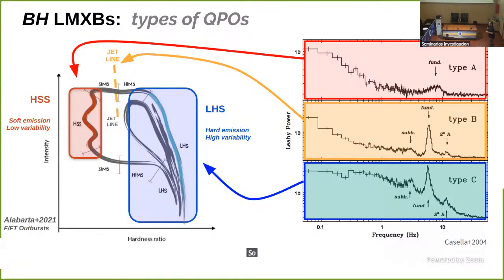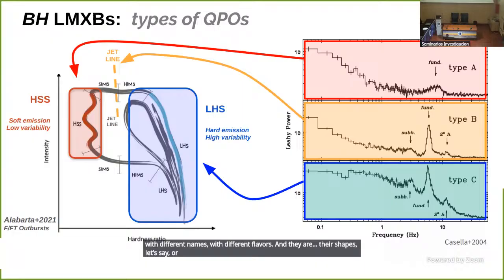These relevant timescales, or these narrow components, are called quasi-periodic oscillations. So they are not periodic, but quasi-periodic, right? These quasi-periodic oscillations come in different flavors, and their properties in the power spectra depend on the state.